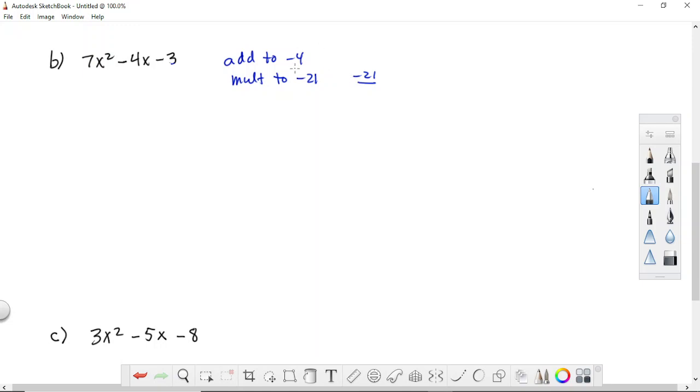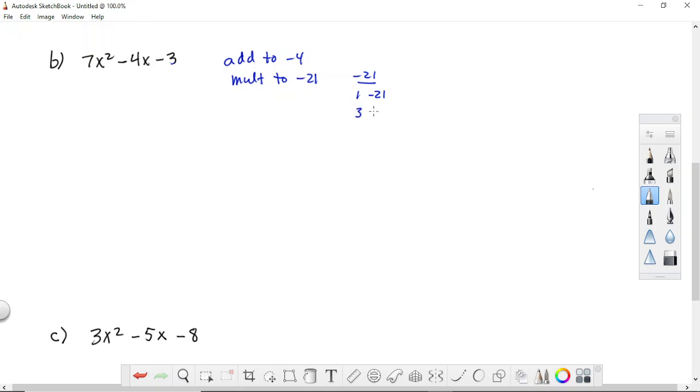And they have to add to make a negative number, so the larger absolute value will be the negative one. So we think about that. Let's just get pairs where we have a positive times a negative, and where the larger absolute value is negative. And we have this, and of course that won't work. That multiplies to make negative 21, but it does not add to make negative 4.